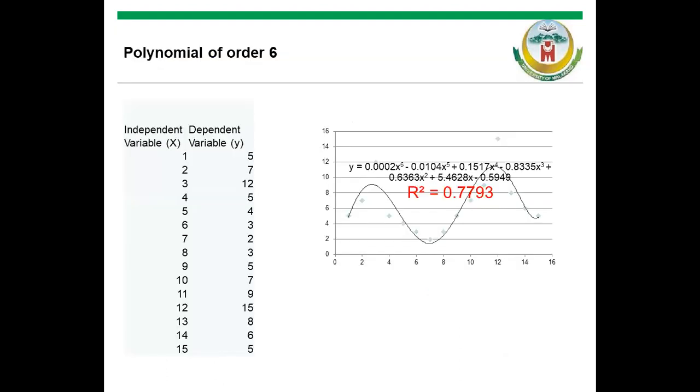Now, in my practical examples, I showed you these samples. If we consider a function of these samples as a single function, with a polynomial of order 6, I get a model with accuracy of 0.7793.